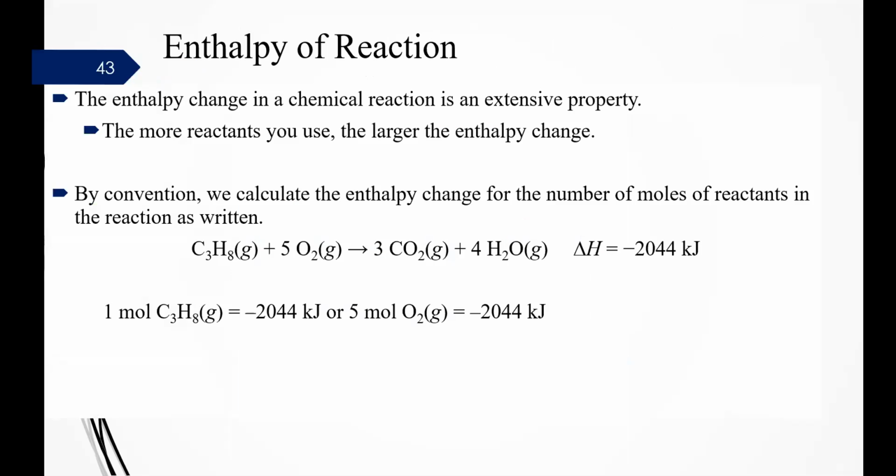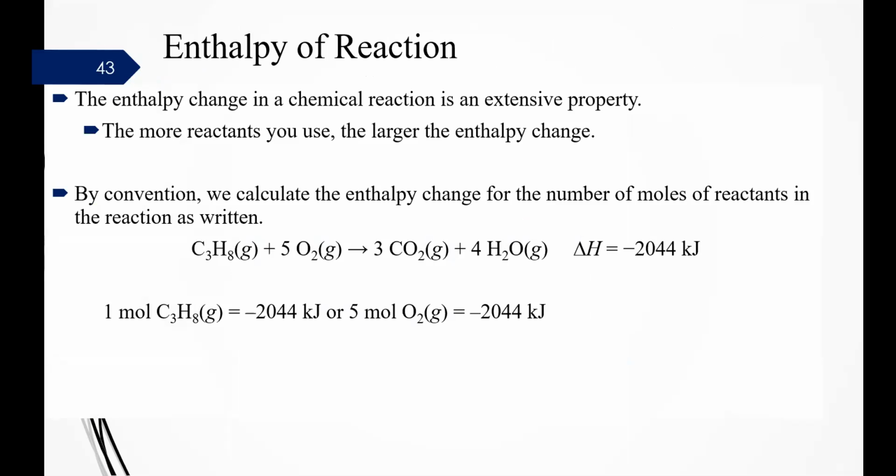Now, we talked about our enthalpy changes as being extensive. What that meant is that when we flipped our reactions, then we had to adjust the amount of enthalpy that was being released by them. And that part still holds true. Right?